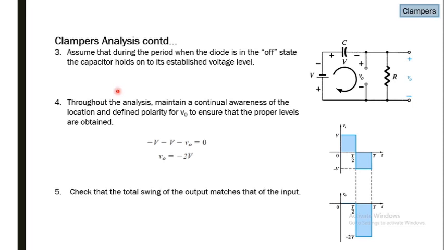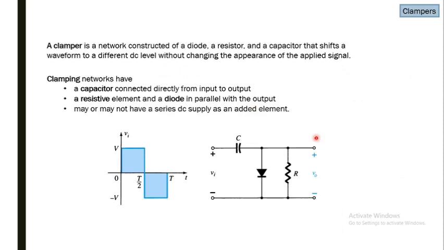The third point is that during the period when the diode is in the off state, the capacitor will hold on to its established voltage level. If we see this circuit, the diode will be off for the negative half cycle.